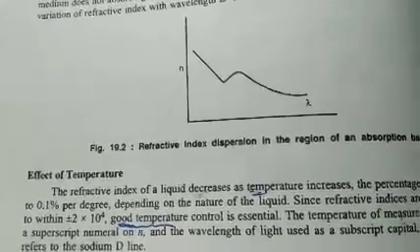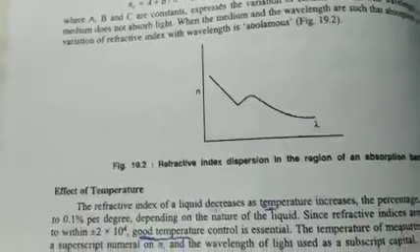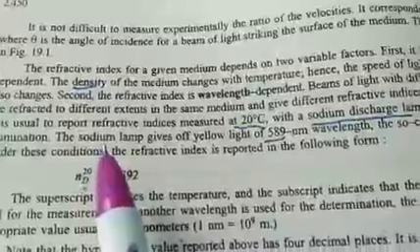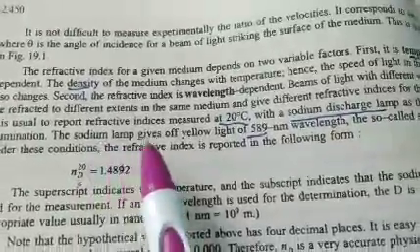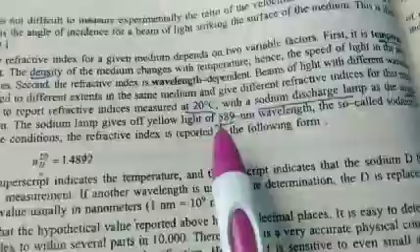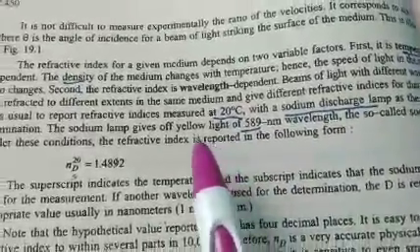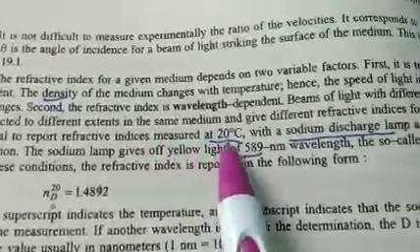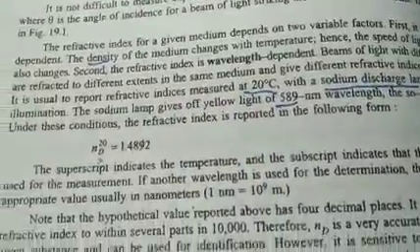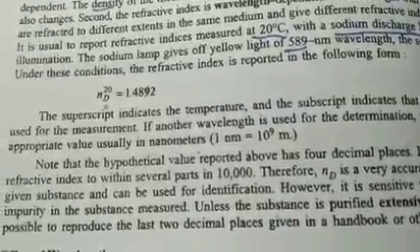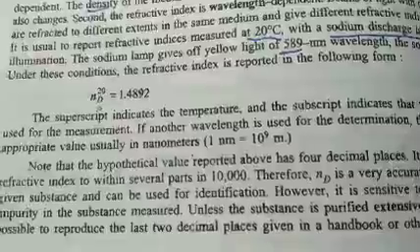For controlling the wavelength, we use the sodium discharge lamp as the source of illumination. The sodium lamp gives off yellow light of 589 nm wavelength, and generally we keep a constant 20 degrees Celsius temperature for measuring the refractive index.